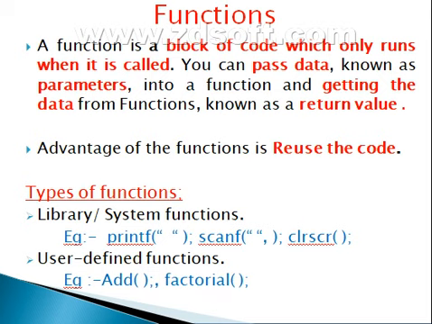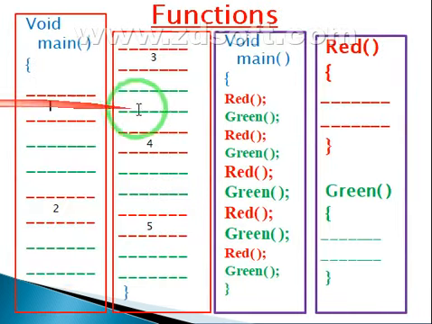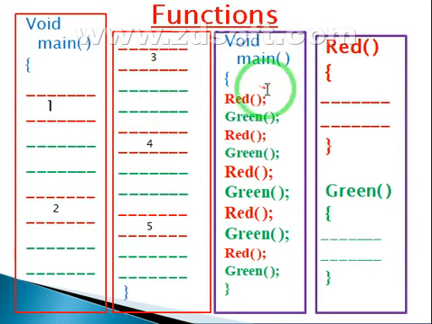Okay, then important 2-mark question, types of function. One is the library or system function. Second one is the user defined function. So regarding the library function, listen, this particular part is only done by us.